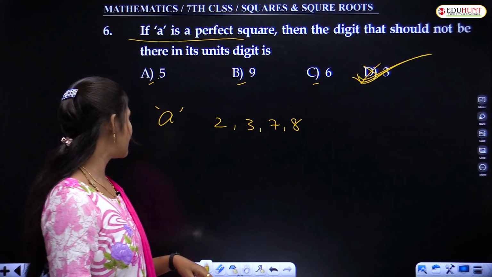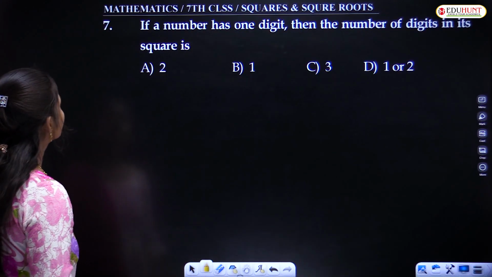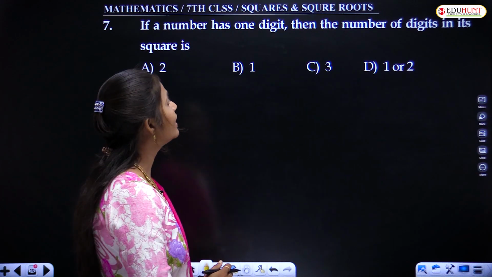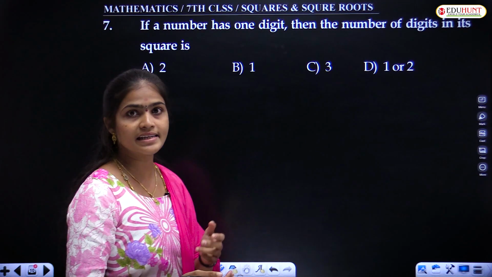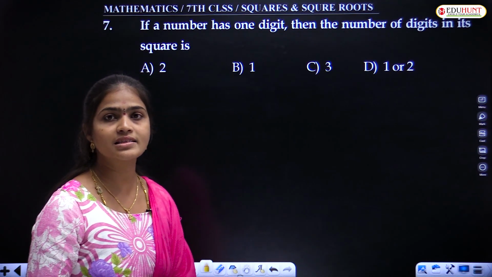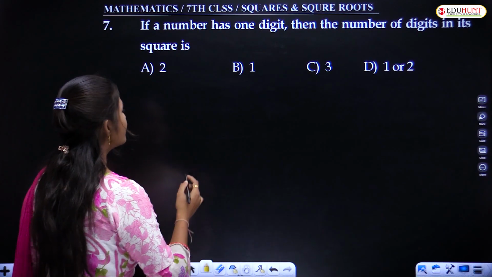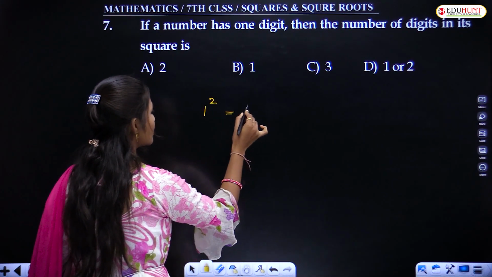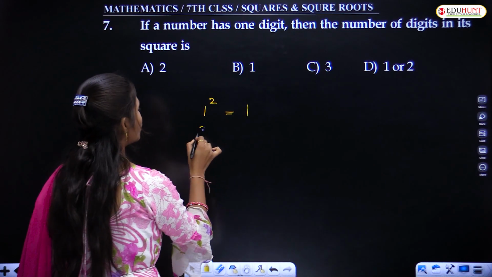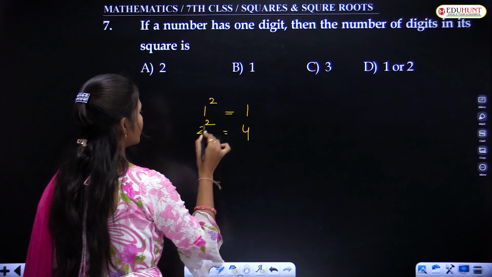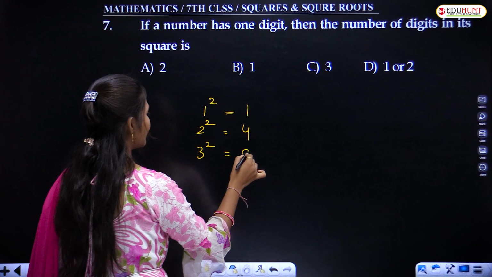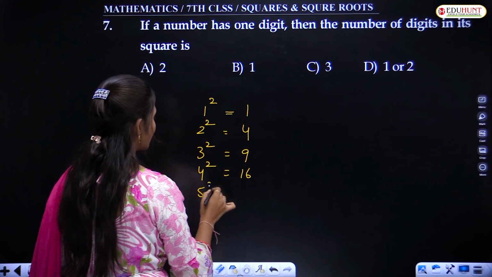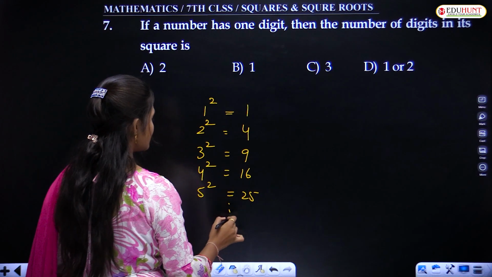Let us see the next one. If a number has one digit, then the number of digits in its square? If a number has only one digit, its square may have one digit: 2 square is 4, 3 square is 9, 4 square is 16, 5 square is 25, and so on.